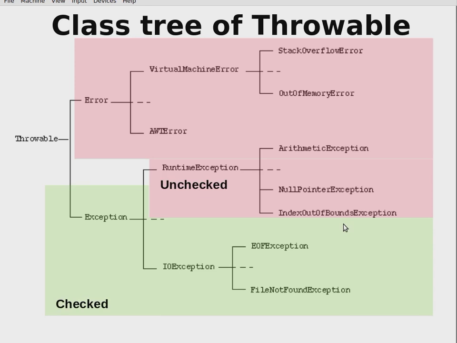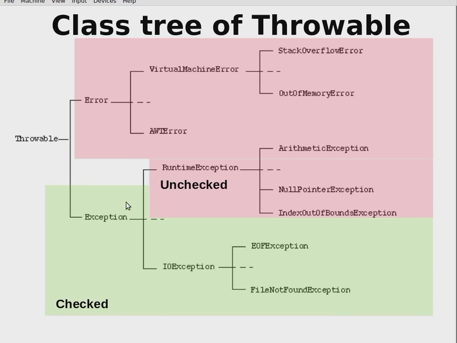So now about the genealogy of these errors and exceptions. The common ancestor, or common class, for errors and exceptions is called Throwable, and then it divides into errors and exceptions. And there is a difference.